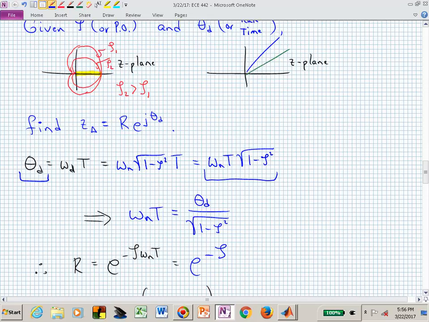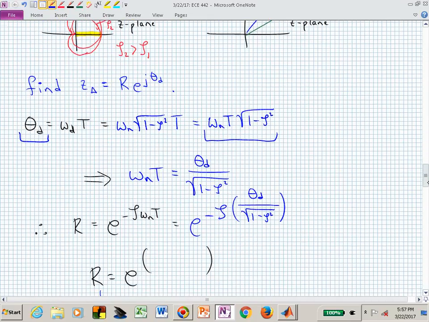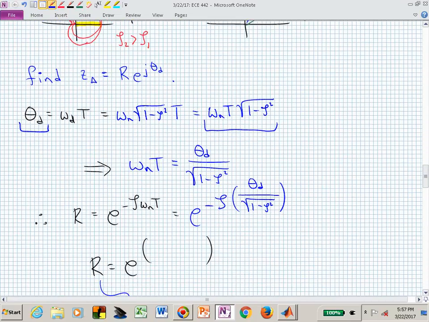That was the percent overshoot, but now I'm replacing omega sub n t with this expression that's now written in terms of theta sub d and zeta. So that now, when I'm given those two unknowns, I can rewrite that as minus zeta theta sub d over the square root of 1 minus zeta squared, and that's all this exponent on e.